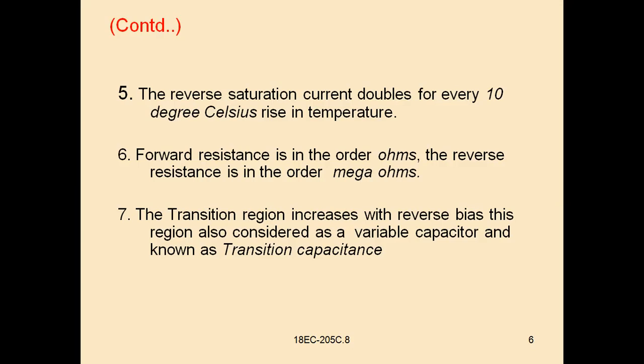Why? Because there the resistance is in the range of mega ohms. Whereas in forward bias, we are going to have more current because the resistance is very, very low in forward bias condition. The transition region increases with the reverse bias.